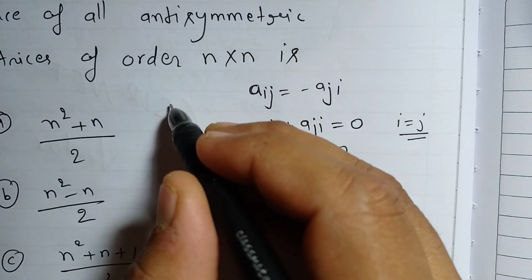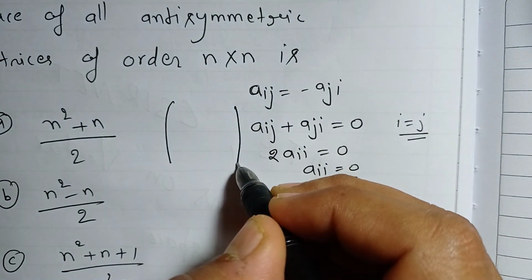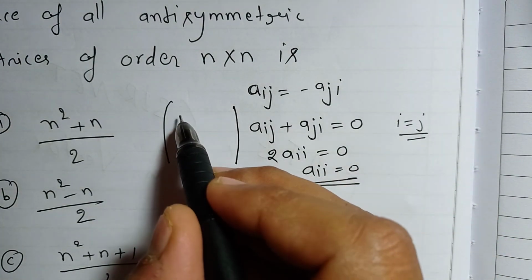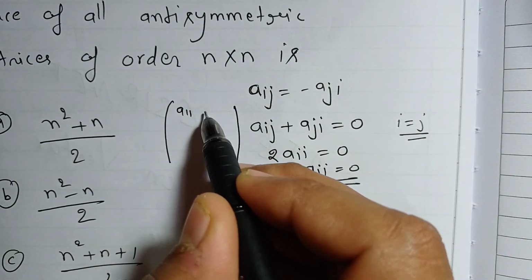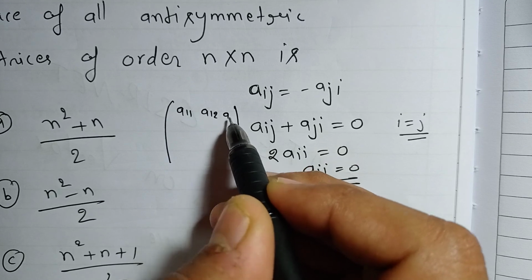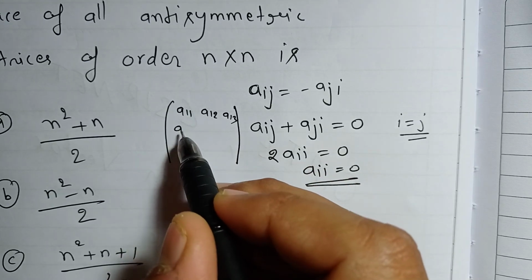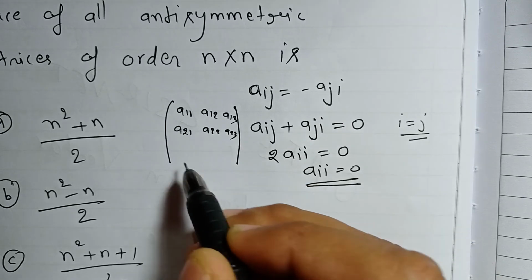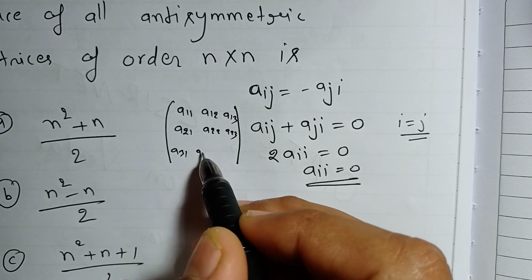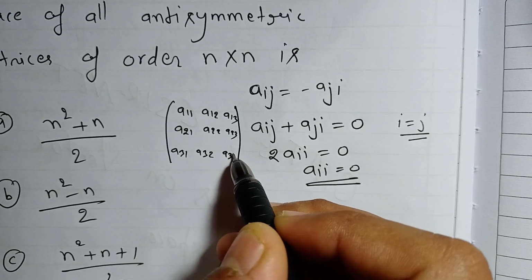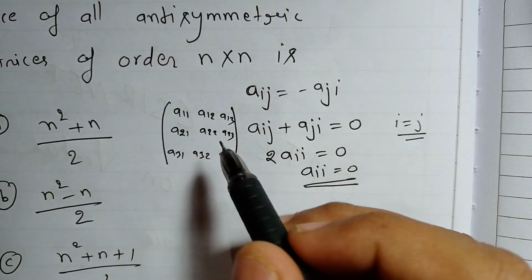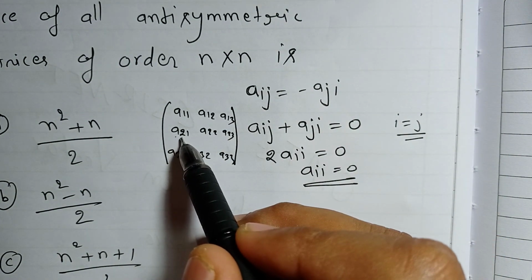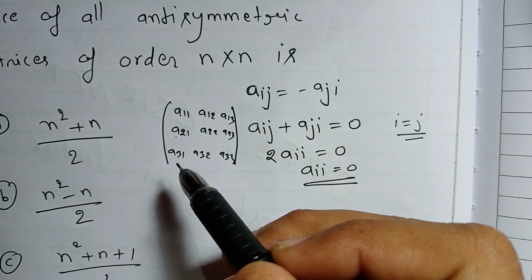Fine. Let us see a 3 cross 3 matrix. If you take an antisymmetric matrix, it should be A11, A12, A13 and A21, A22, A23, A31, A32, A33. So this is the matrix we have. Now we are looking for the number of free variables.